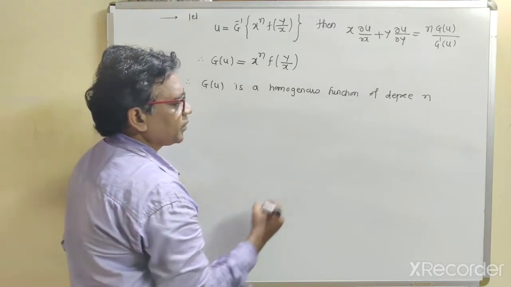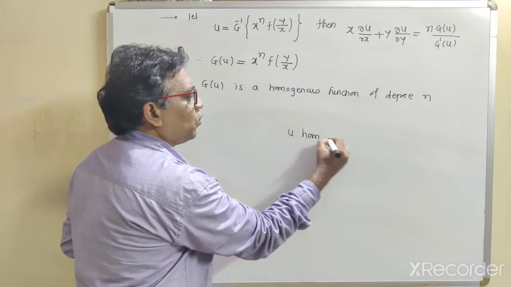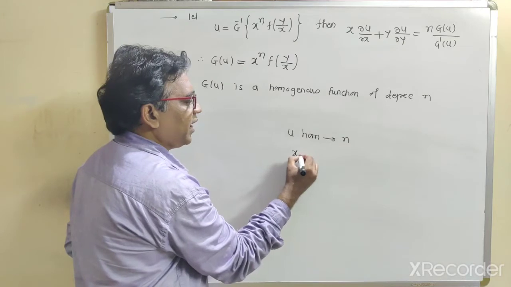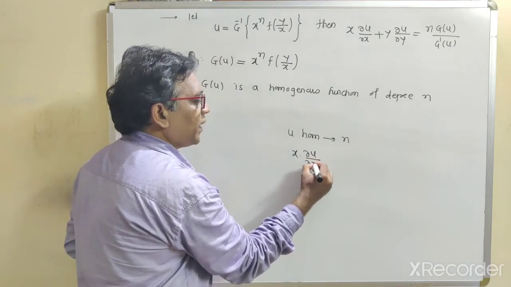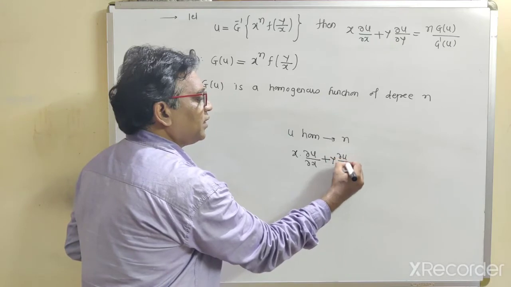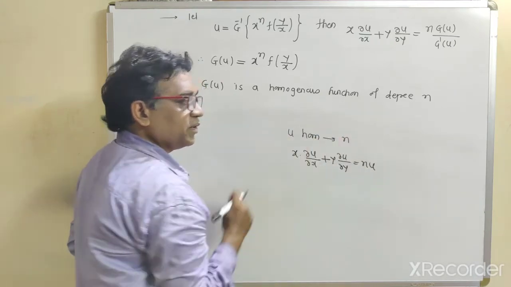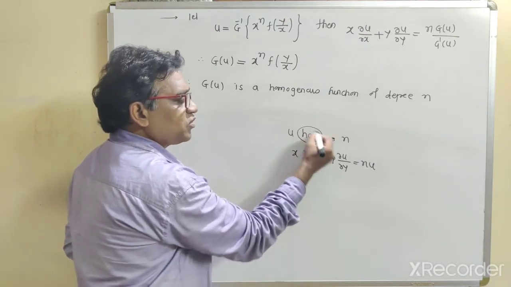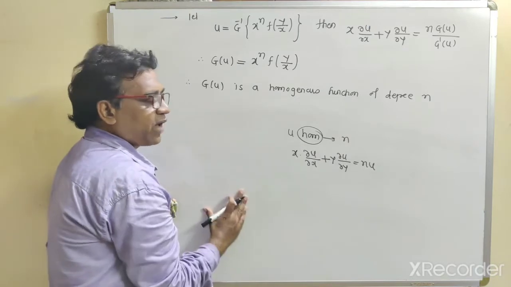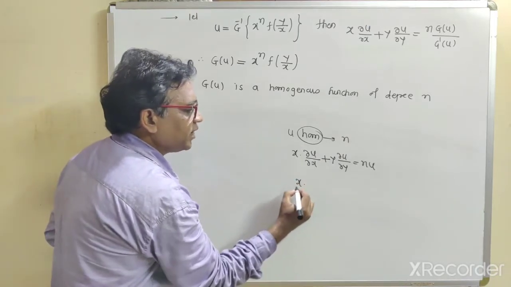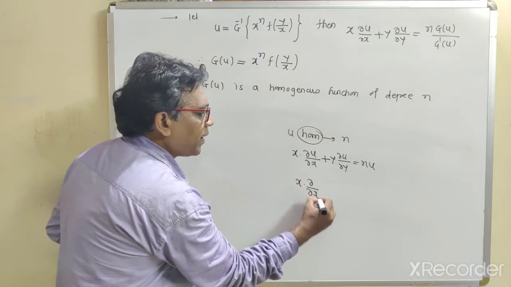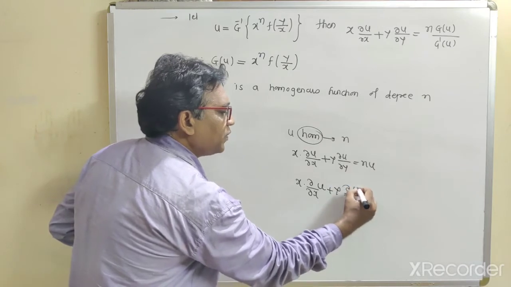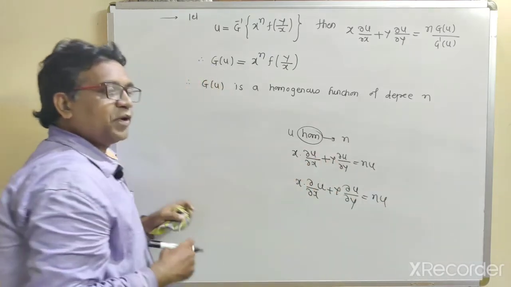If u is a homogeneous function of degree n, then x into del u by del x plus y into del u by del y is equal to nu. This is the statement of Euler's theorem.